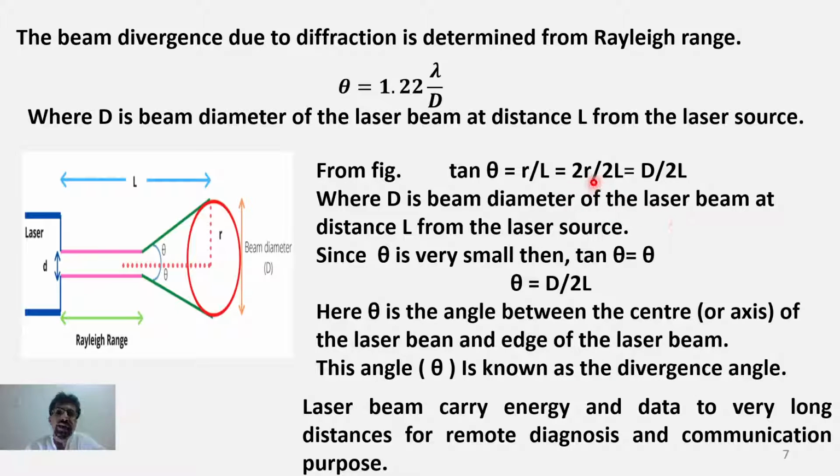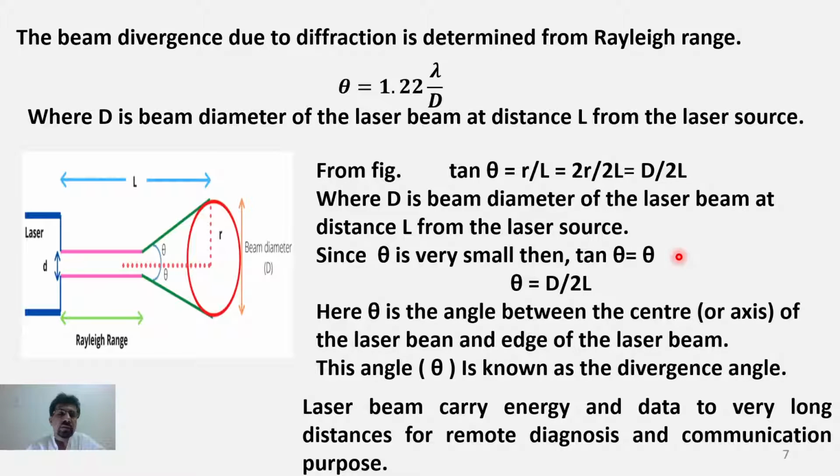Therefore tan theta is equal to 2R divided by 2L, by multiplying and dividing by 2. So tan theta is equal to capital D divided by 2L, where D is the beam diameter of the laser beam at a distance L from the laser source.